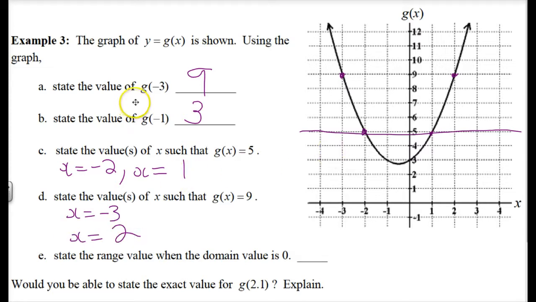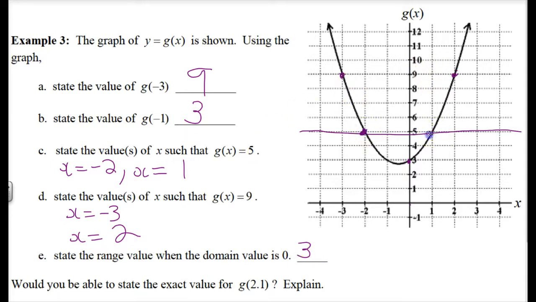State the range value when the domain value is 0. Domain value is x. When x is 0, the range value is y. Y is 3. Would you be able to state the exact value for g of 2.1? Well, here's kind of 2.1, and I would say not exactly, because it's not on an intersection, right?